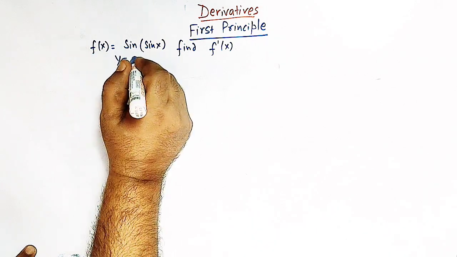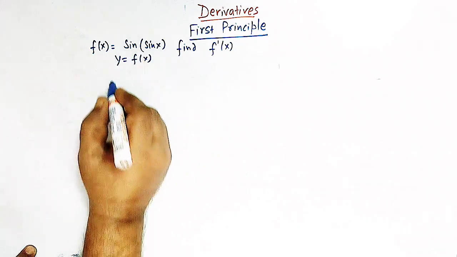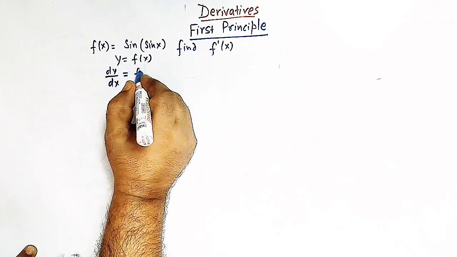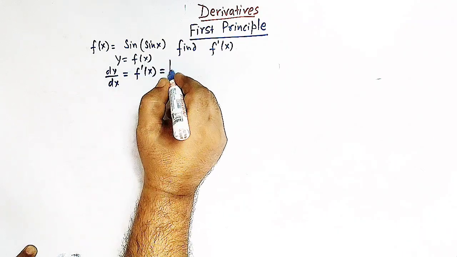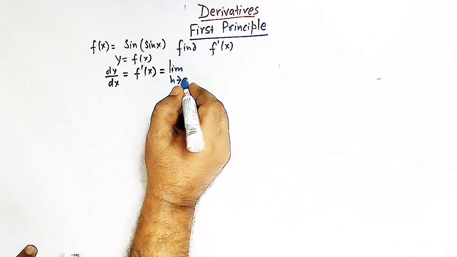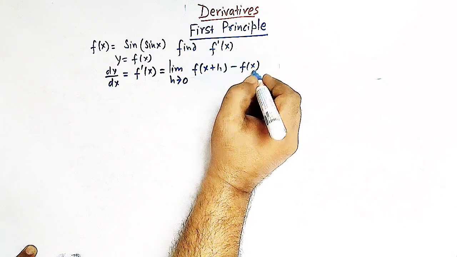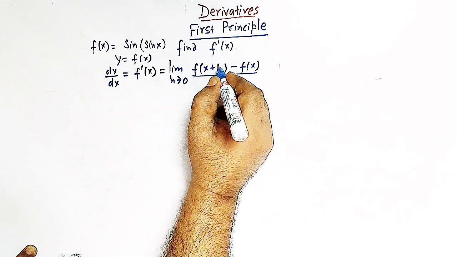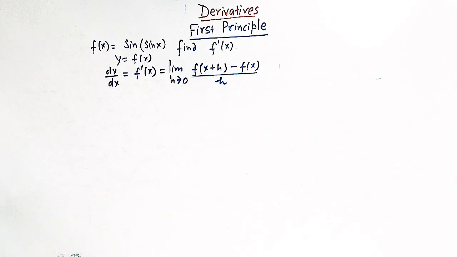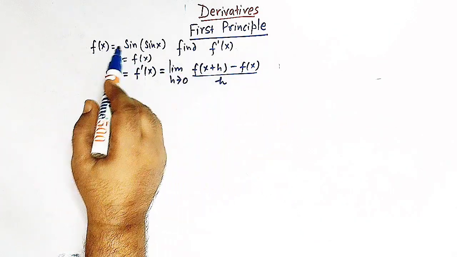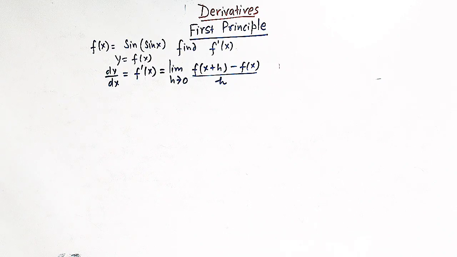If we have a function, say y is equal to f of x, then the derivative of y with respect to x, which is f prime of x, is given by this limit, that is limit h tends to 0, f of x plus h minus f of x divided by h, right? And here h is a very small quantity, which is infinitesimally small, right? So we'll start with this limit to get the derivative of sine of sine x.